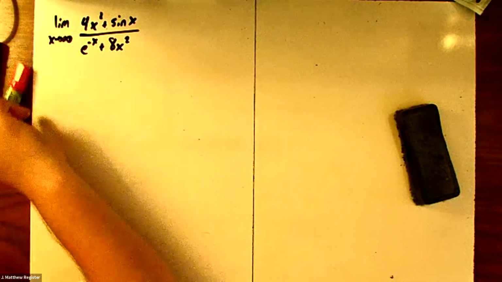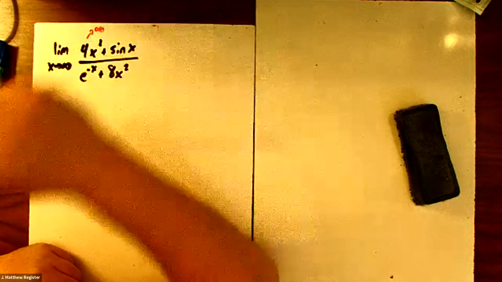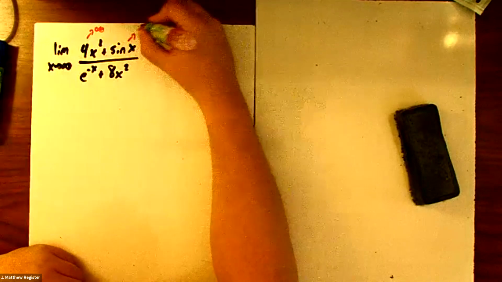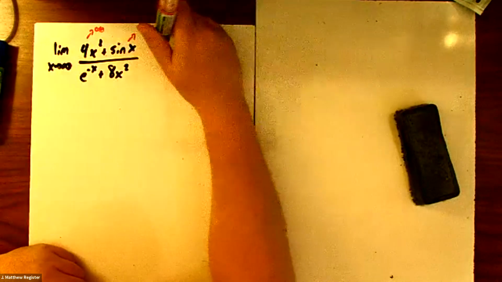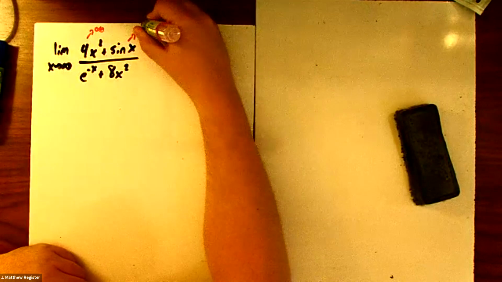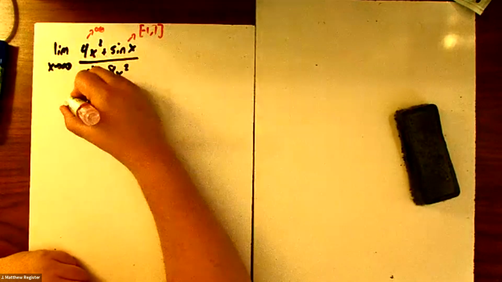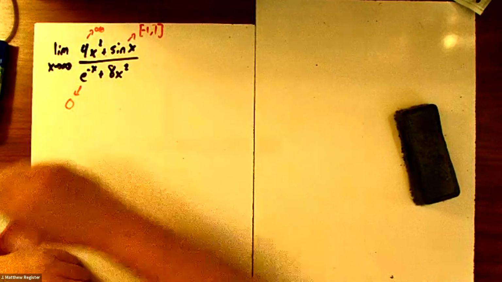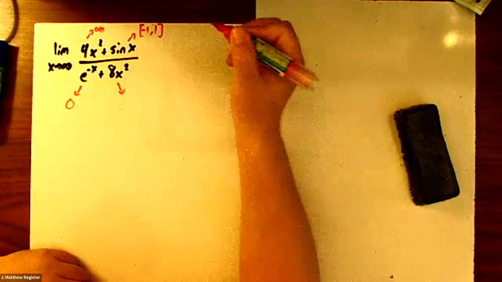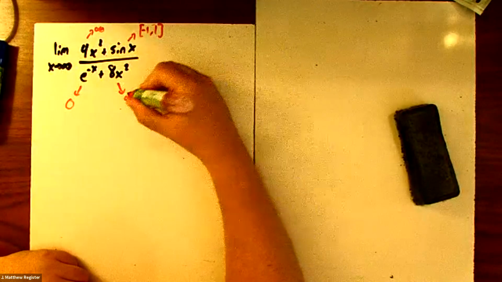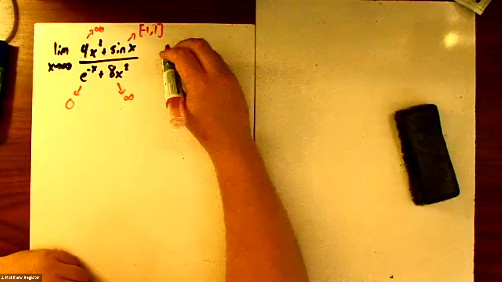And so the 4x squared, we know that the 4x squared is going to be going off to infinity. The sine of x, we know that that's going to be remaining bounded between -1 and 1. E to the negative x, we know is going to go to 0. And 8x squared, we know is going to be going to infinity.